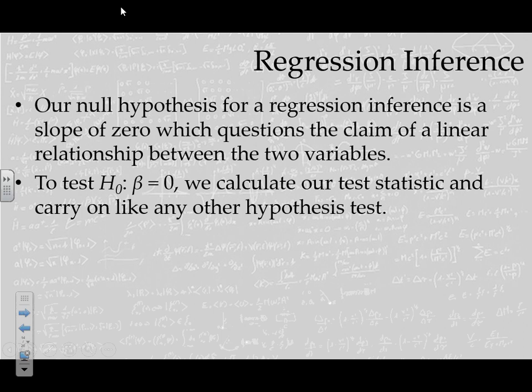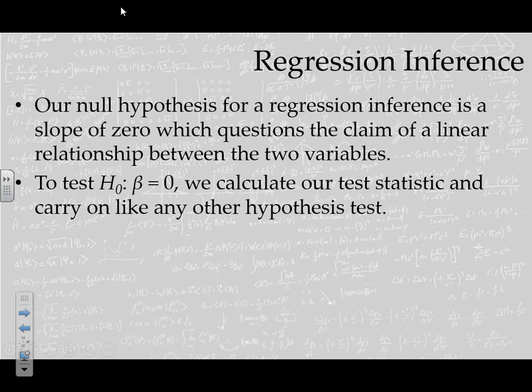But if we expect to see a positive association between the two variables, then what should our alternative beta be? Beta greater than 0. If we expect a negative association, we would say beta would be less than 0. And if we don't have an idea of direction, we would go with beta not equal to 0.